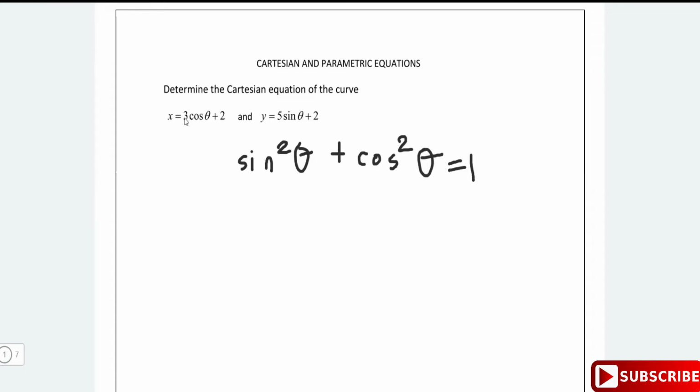So let's do that. From this one right here, we can extrapolate that x minus 2 divided by 3 would be equal to cos theta, if we make cos theta the subject. So cos theta is x minus 2 over 3.